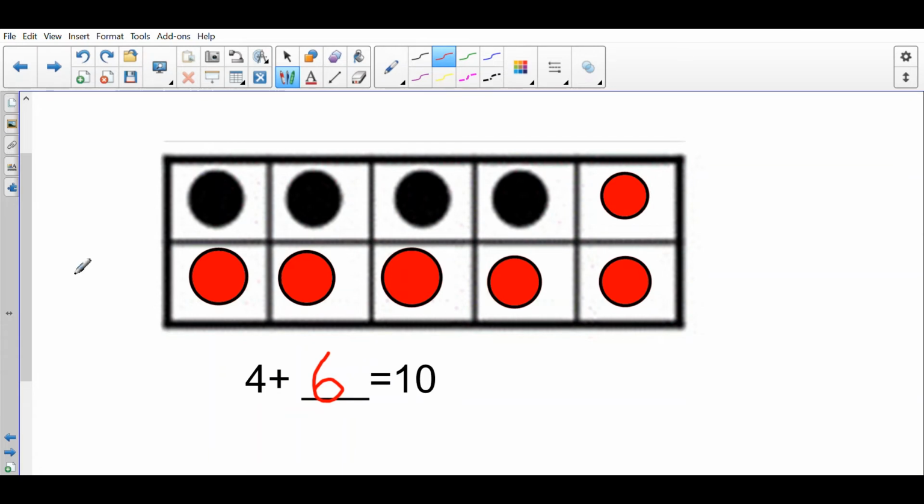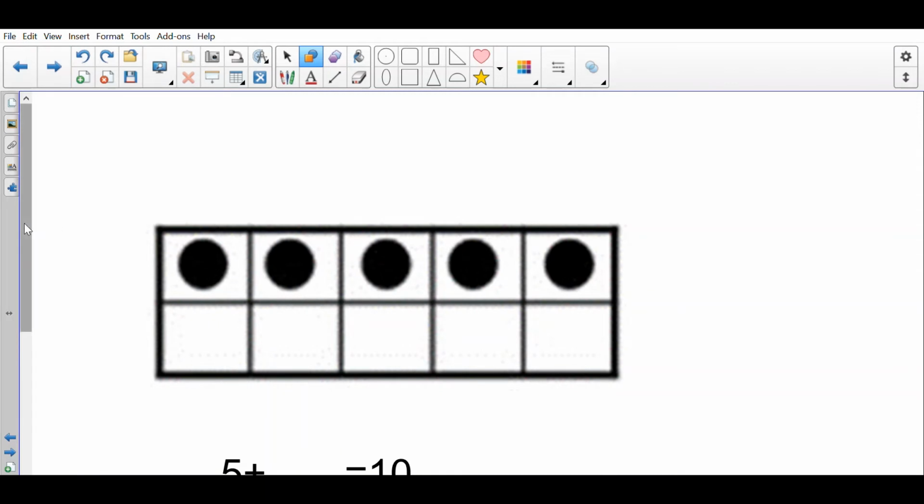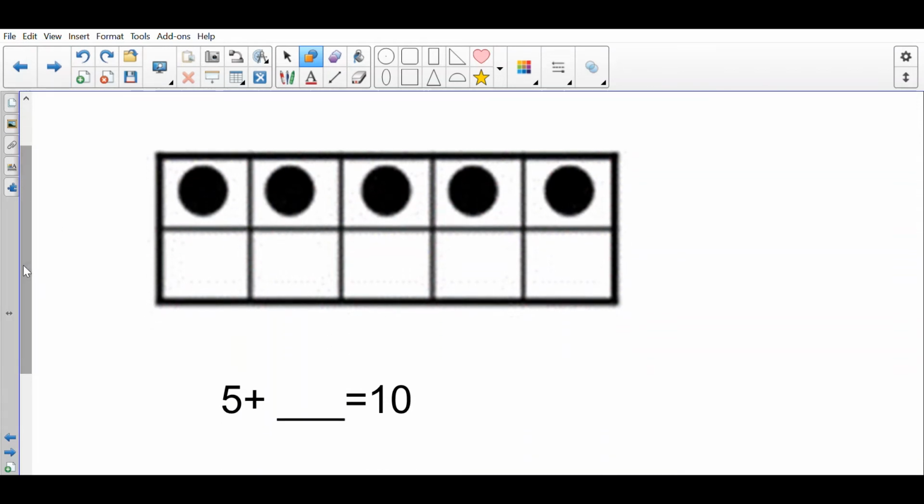So we had 4 this time. How many black dots do you think we're going to have now in the next 10 frame? Let's see. How many do we have here? 5. In a 10 frame, if you see the whole top row filled up at the top, that means that there's going to be 5.